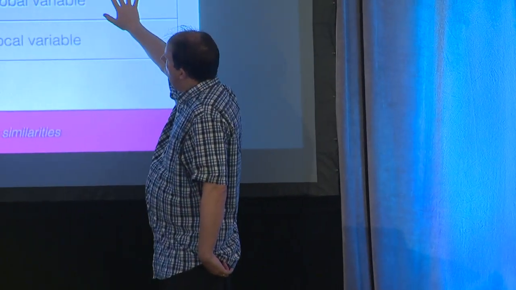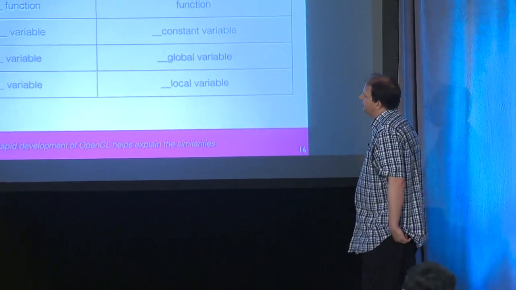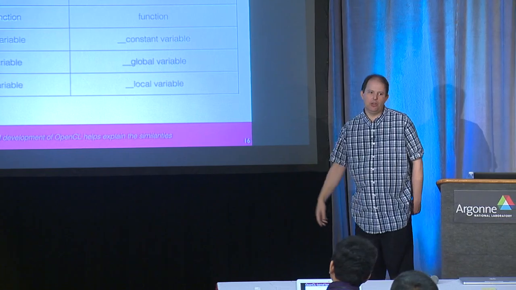Here we actually have to say what memory space the variables or pointers are defined with respect to. And then shared, unfortunately, becomes local, which is very unfortunate because in CUDA, there's a local memory space, which we're not going to touch.